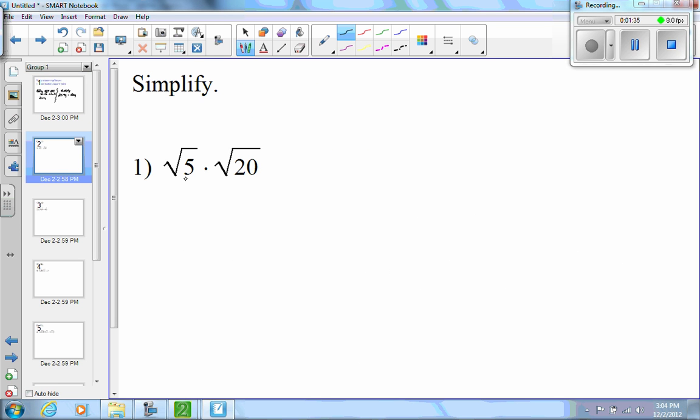If you have the square root of 5 times the square root of 20, it really is as easy as saying the square root of 100, because 5 times 20 is 100, and they don't have to be alike. Now, the radicands don't have to be alike, but they do have to both be square roots.